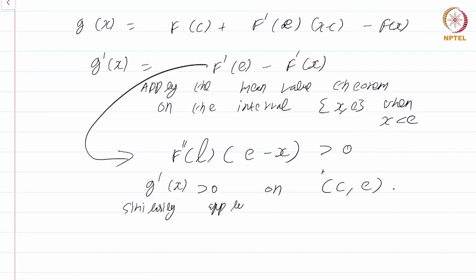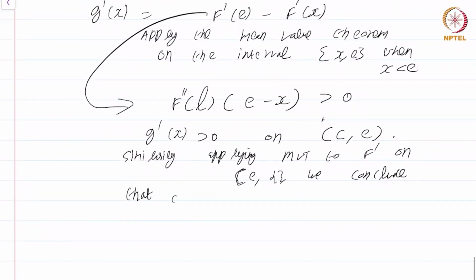Okay. Similarly, applying the mean value theorem to f prime on the interval (e, d), we conclude that on (e, d), g prime of x is less than 0.